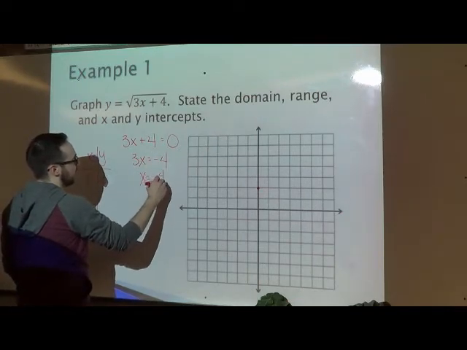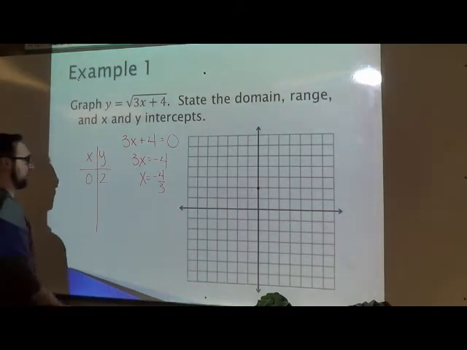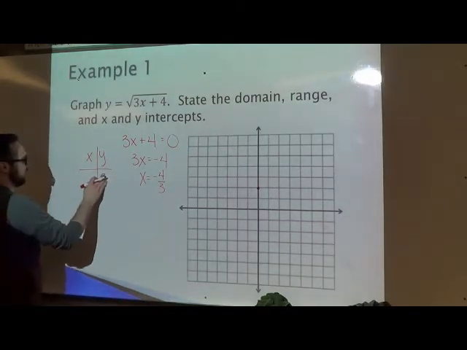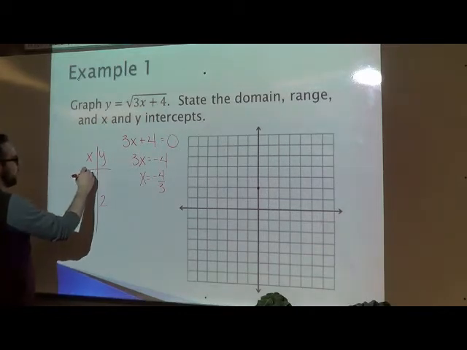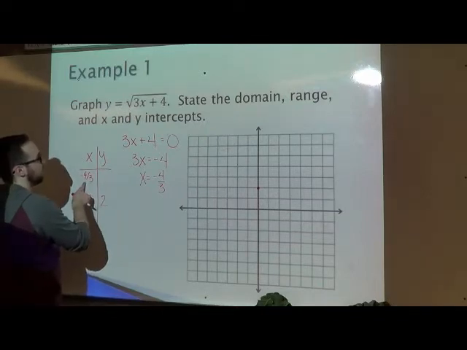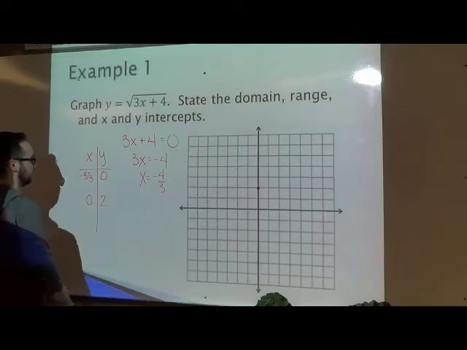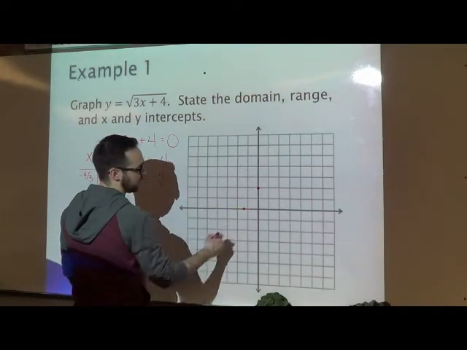X equals negative 4/3. So that's really where we want to start our graph. So I'm going to move this down just a little bit. I'm going to plug in a negative 4/3 here. And I already know when I plug in negative 4/3, the inside is going to be 0. So now I know back here at negative 1 1/3, that's my 0 point.